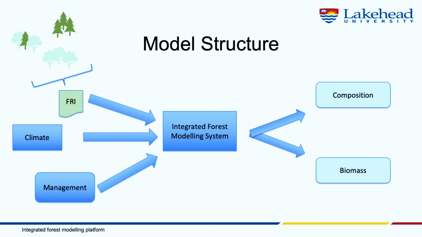And ultimately, what we're looking for coming out of the model includes the future projected composition of this forest. So what species will do well, what species might decline a bit, and what their relative abundance will look like. Another value that I'm most keenly interested in is our biomass at the end of the day. Biomass is useful for a lot of downstream analysis as well, but in summary, between composition and biomass, you're able to get a very good picture of the forest.